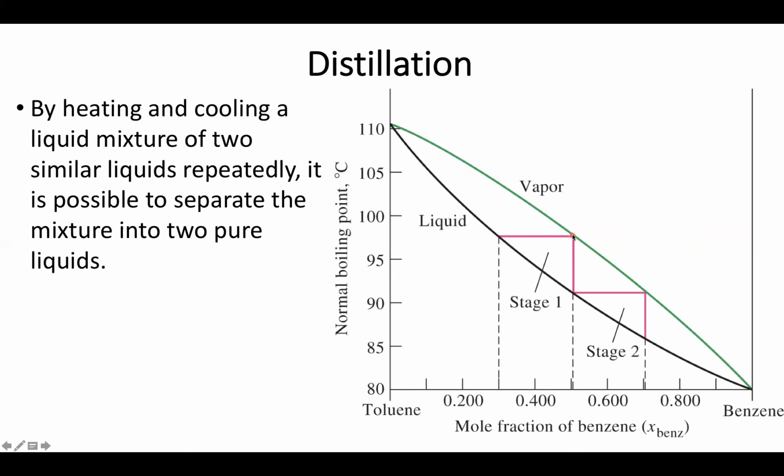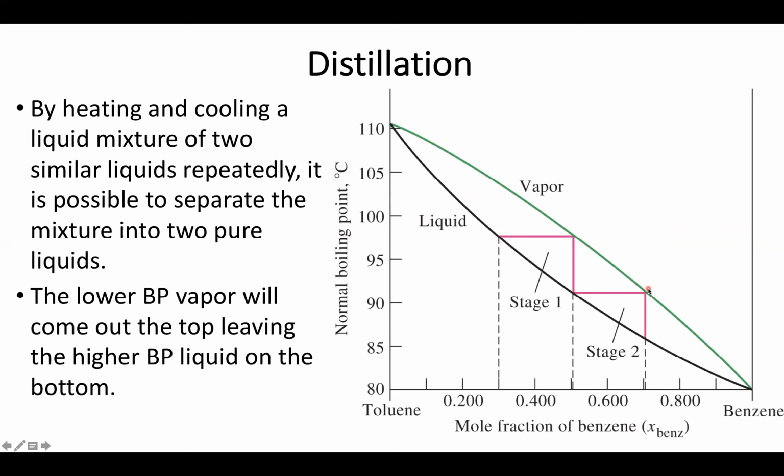I then go ahead and condense that vapor, and it will have a concentration richer in benzene. And then I do it again, and I'll have a system that's even richer in benzene. And I repeat this over and over again until I'm left with pure benzene and then pure toluene left behind. And this is the major idea with distillation.